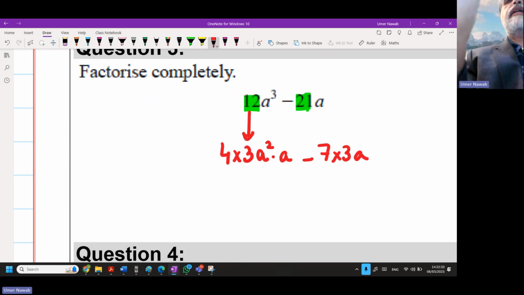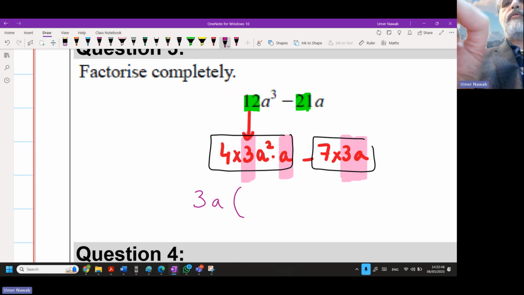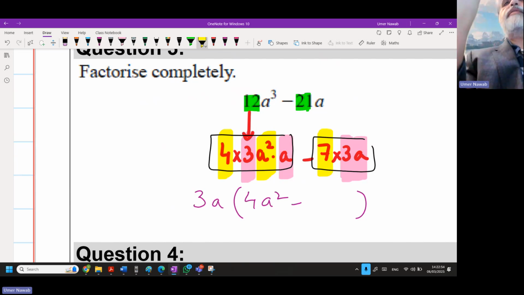Now, can you check that in these two terms, what are the things common? You have 3 common, you have a common. So I'm going to take these things out. So 3a is out. What is left behind? You are left behind with 4a squared here, minus, and here what is left? Minus 7. That's the final answer, 4a squared minus 7.